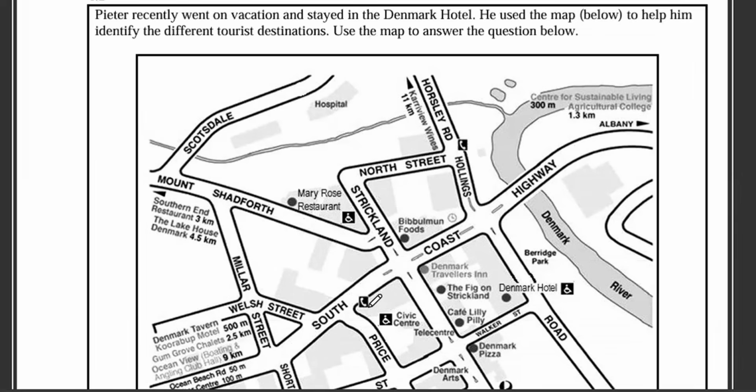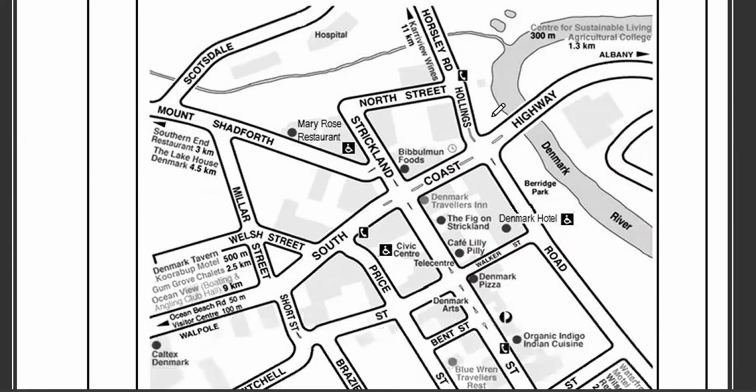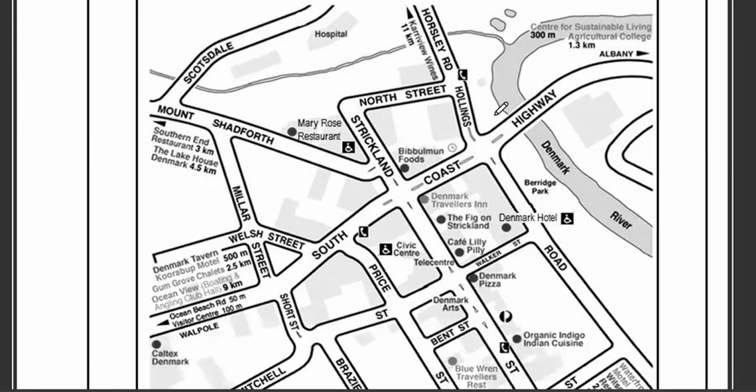Peter recently went on vacation and stayed in Denmark hotel. He used the map below to help him identify different tourist destinations. Use the map to answer the questions below. First and foremost, we have to identify where the hotel is. It's told us Denmark hotel, so it's this one here.